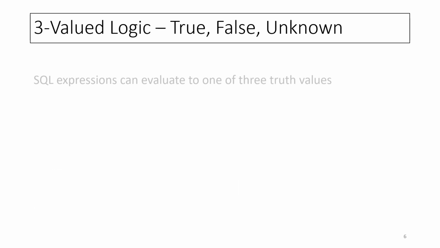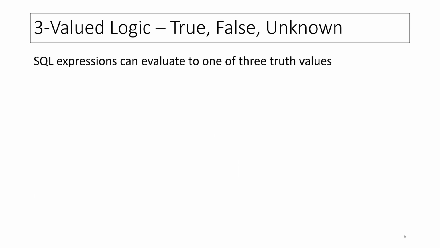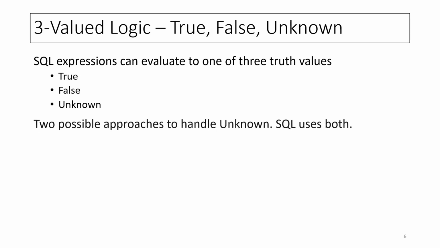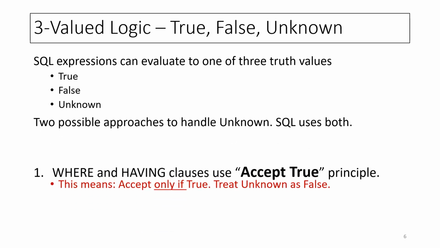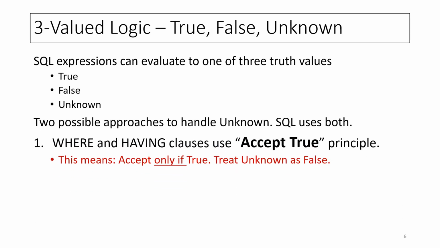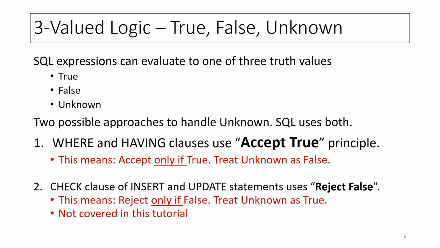Now let's talk about SQL's 3-valued logic. SQL expressions can evaluate to one of 3 values: true, false, or unknown. SQL uses 2 different approaches for different clauses. Where and having clauses use the accept true principle. This means accept only if true, which treats unknown as false.